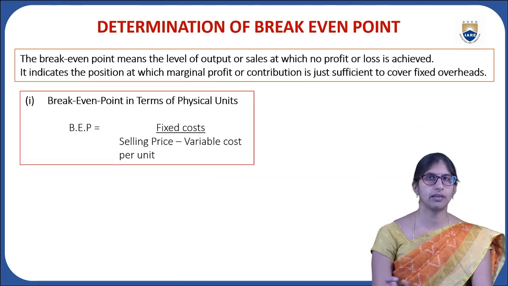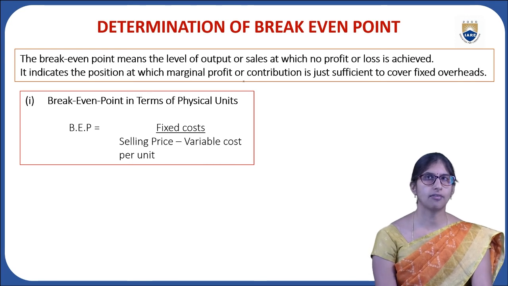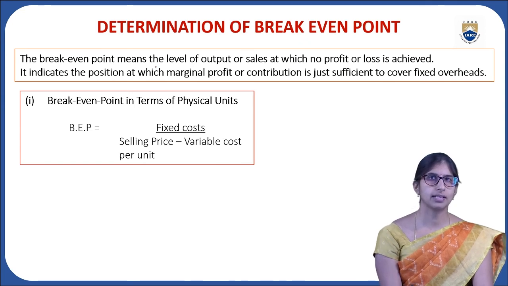The break-even point is the level of output or sales at which no profit, no loss is achieved. As I discussed, it indicates the point at which the marginal profit or contribution is just sufficient to cover the fixed overheads. For physical units, what is the formula for the break-even point?